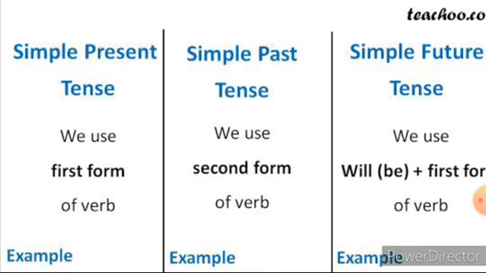Whereas past tense means an action that ended at a point in the past. Whereas for the future tense, a plan for future action. A plan for future action is known as future tense.